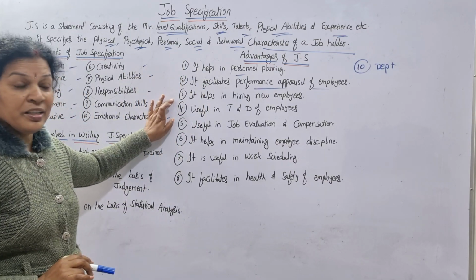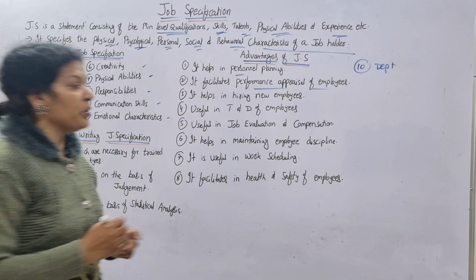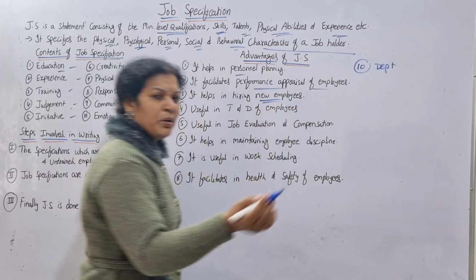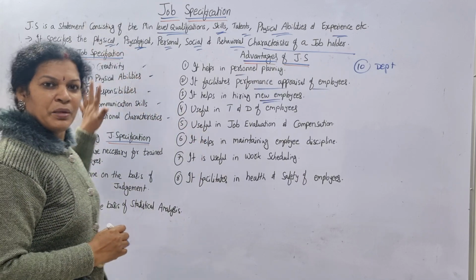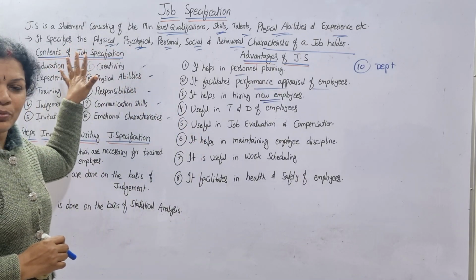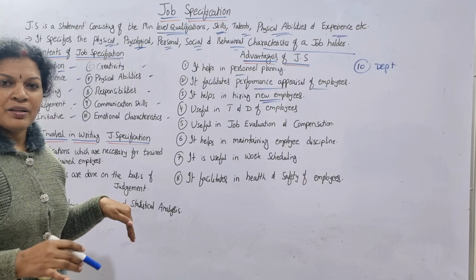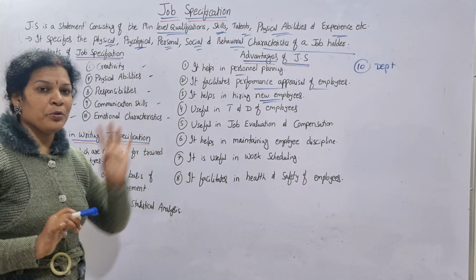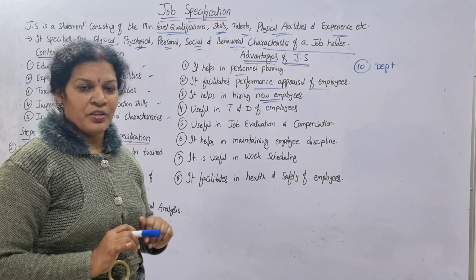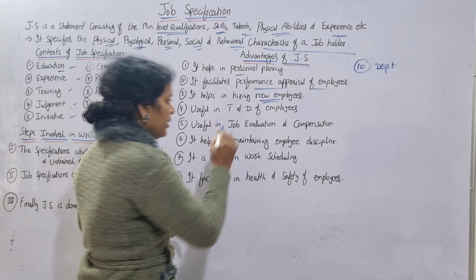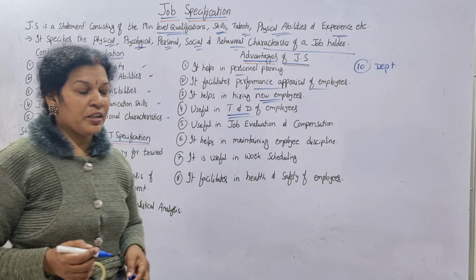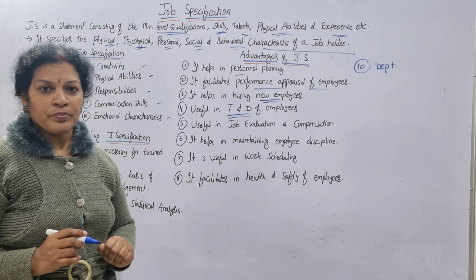The third point is that it helps in hiring new employees. We want new recruitments, so what we want, mention it very clearly. These things we are expecting, so prepare this job specification for the new employees. It is definitely useful for them, and also useful in training and development, T&D, of employees.